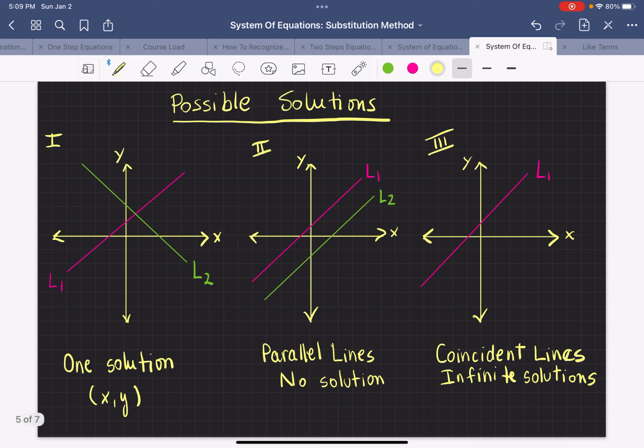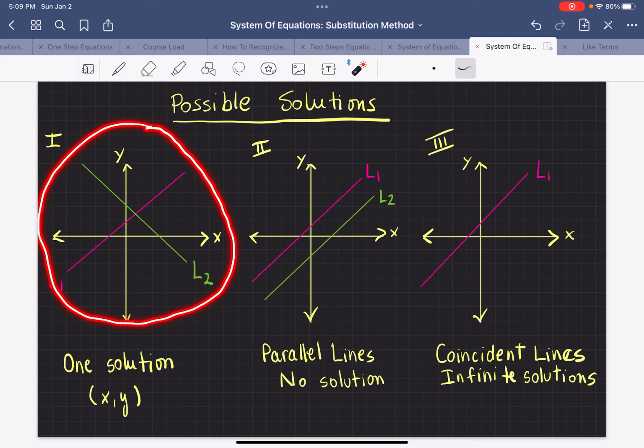Whenever you solve a system of equations, using either the elimination method or the substitution method, you have three possible solutions. The first solution is where you're able to find a point, the point where the two lines intersect, and you have one solution, with a value for x and a value for y.